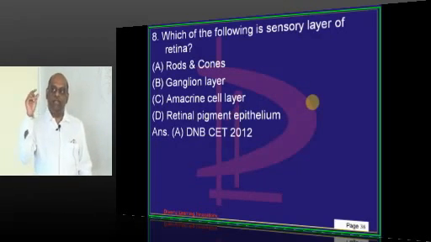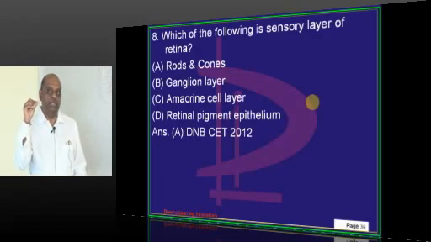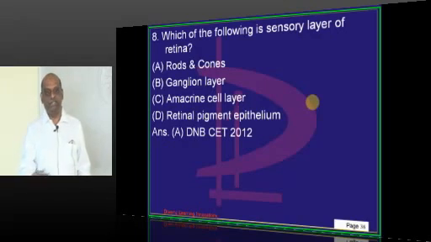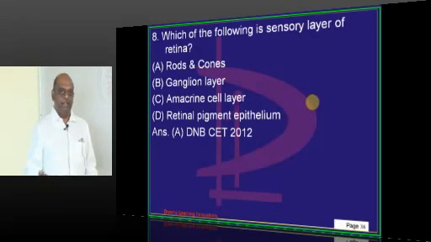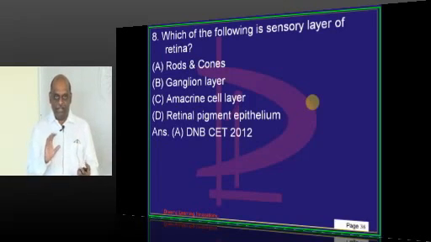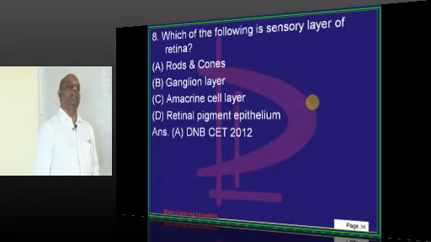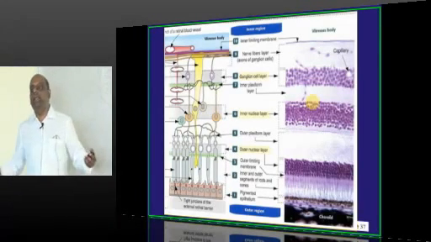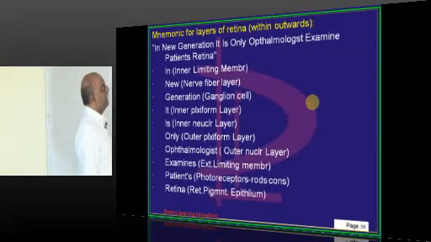What happens to various sodium channels, will they close at the time of hyperpolarization or depolarization? All those funda of the visual cycle, you don't read anything else in physiology, you can cut that page, read and go to exam. One question is assured, one question will definitely come. Now what is the sensory layer? Rods and cones. Now tell me doctor, what are the layers of the retina?